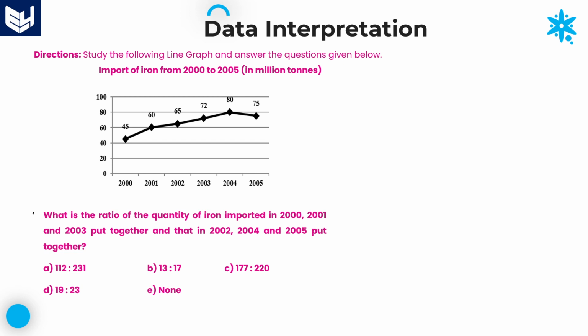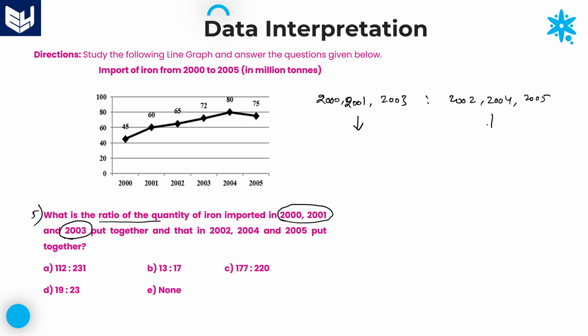Last question in this session, the fifth one. Here we need to calculate the ratio of the quantity of iron imported in 2000, 2001 and 2003 put together, to that in the years 2002, 2004 and 2005.